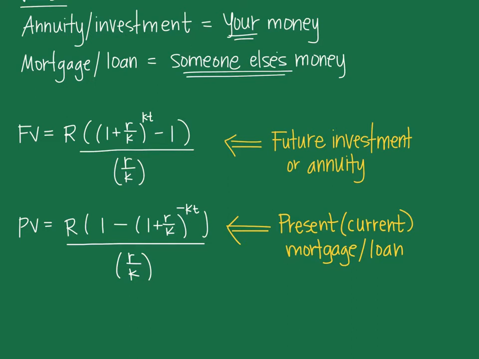R stands for repeat. You're on repeat. Not like on shuffle, you're on repeat. Same thing over and over again. Or with a mortgage or a loan, you're on repeated payments. If you get behind on your mortgage or loan, if you skip one of those required repeated payments, then the interest on that is going to kill you on the back end. So that's what R stands for. This R stands for repeated payments.